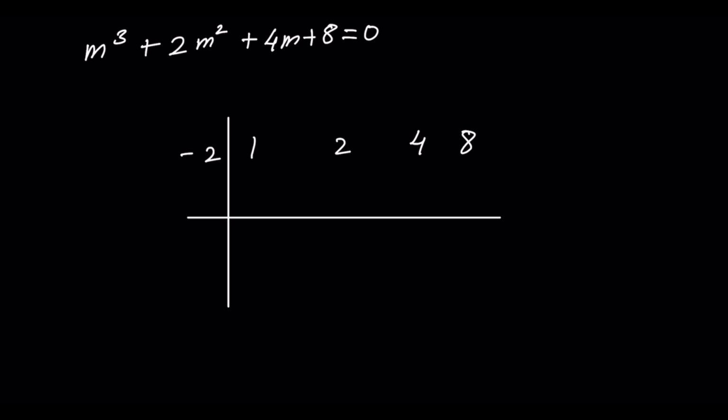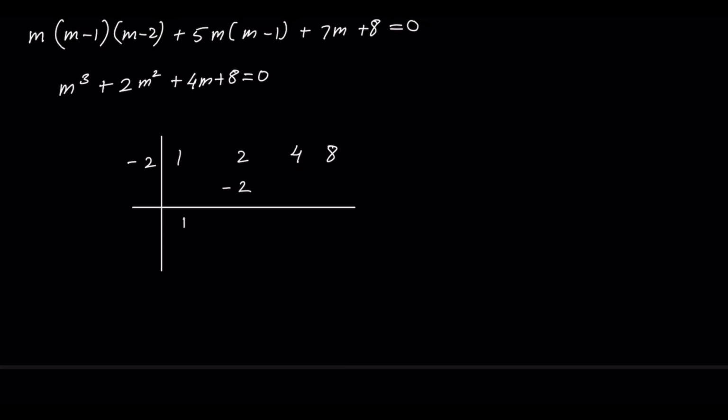Writing -2 here, 1 as it is. 1 times -2 is going to be -2. Adding these.